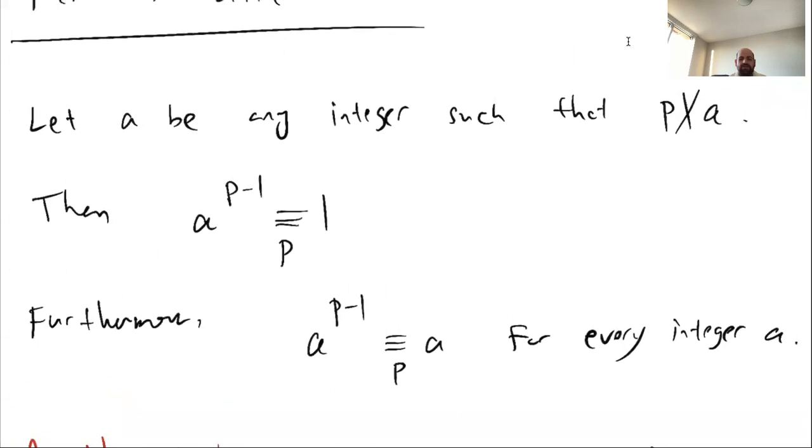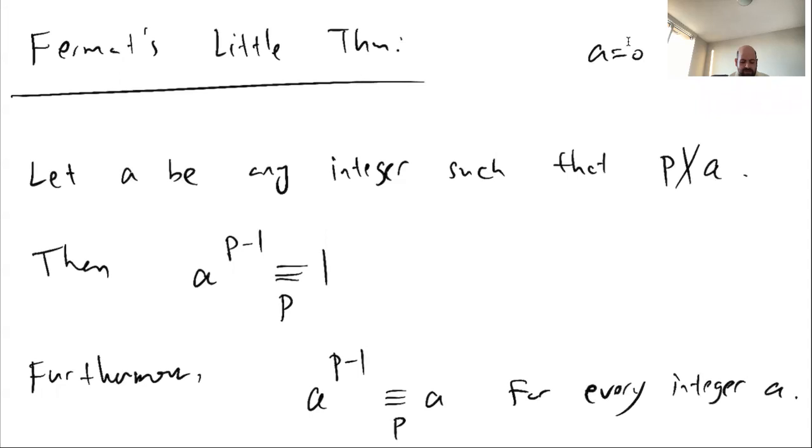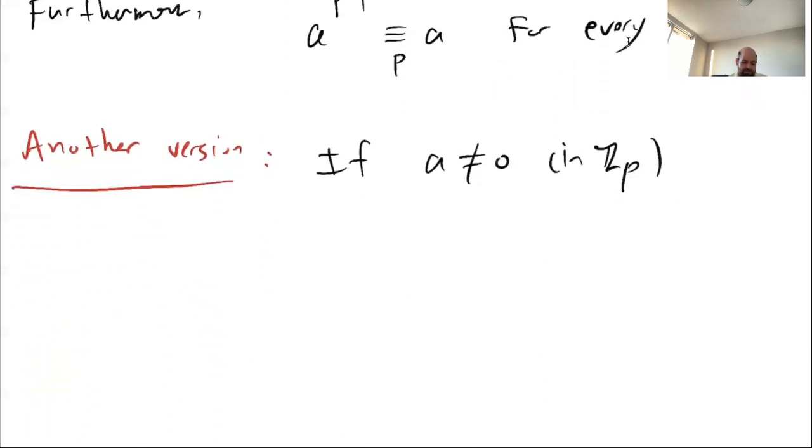So when you say P does not divide A, that means in ZP, A is not equal to 0. Because remember, A equals 0 in ZP means P divides the difference between A and 0, which means P divides A. So if P does not divide A, A is not equal to 0. So if A is not equal to 0, then A to the power P minus 1 equals 1, again in ZP.